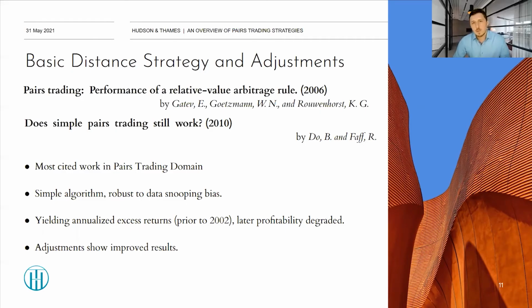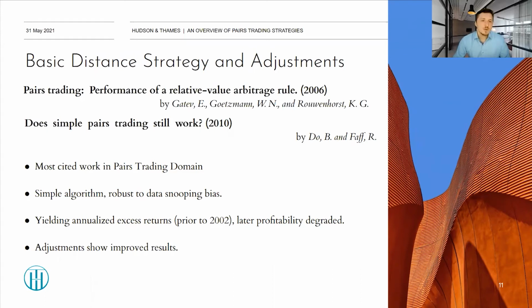Unfortunately, after about 2005 or so, based on works of other researchers, the profitability of such an approach degraded. Also, if transaction costs were taken into account, this would be even worse.